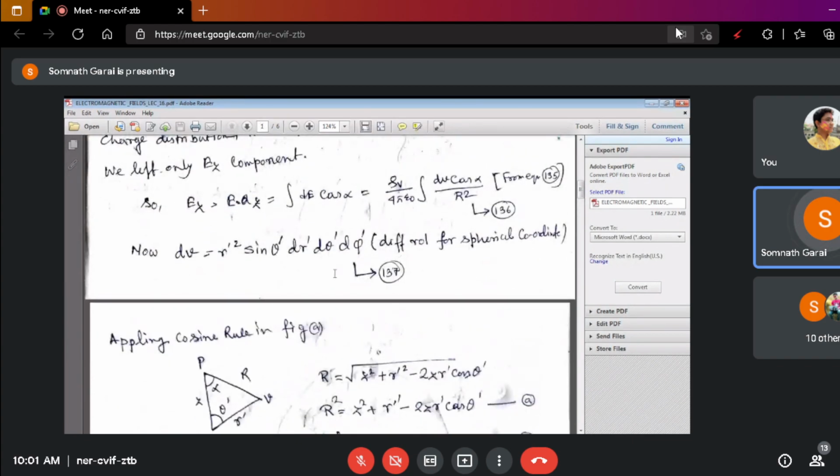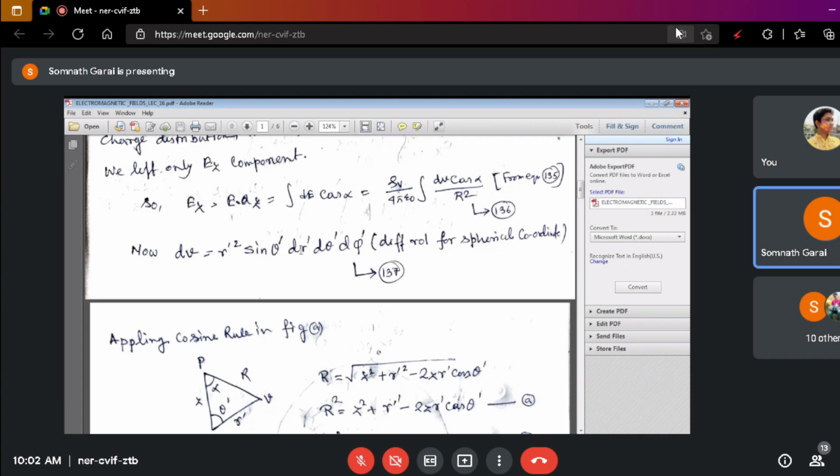Now, if we integrate with respect to the volume integral, we have to integrate thrice: one over dr dot, one over d theta dot, and one over d phi dot. Because we have to calculate over the volume of the sphere, dv in spherical coordinates is dr dot, d theta dot, and d phi dot.